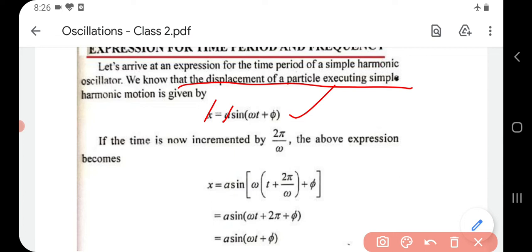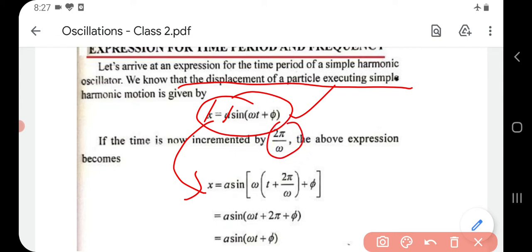Now suppose that the time factor is incremented by 2 pi by omega. Then the above equation can be written as x equal to a sine omega, kept as such, times t plus 2 pi by omega, because time is incremented by 2 pi by omega, then plus phi, kept as such.